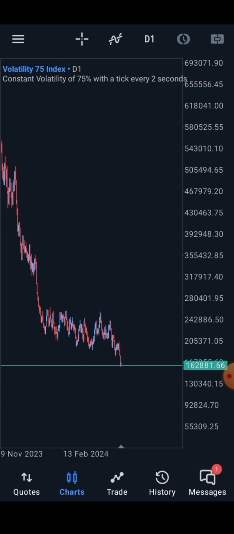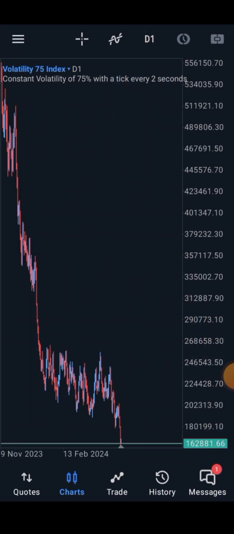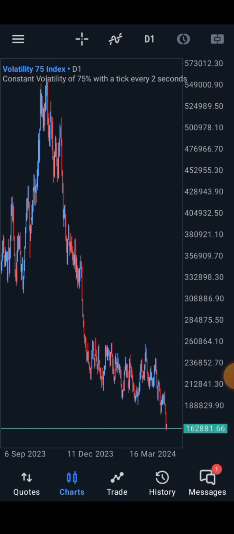The most important things you should be needing are the indicator, the candles, the flow of the market, time strategy, entry, and lastly, the risk management, before we go on to the Bollinger Band entry for those that will be interested. But this is mainly for the EMA 10 entry and how to use the IBS strategy. Now, let's go in and I'll be giving out the indicators.